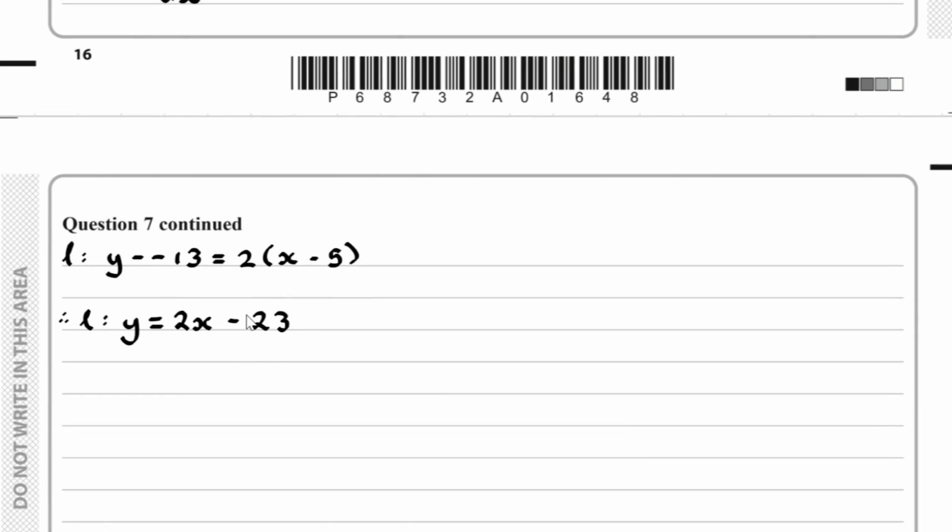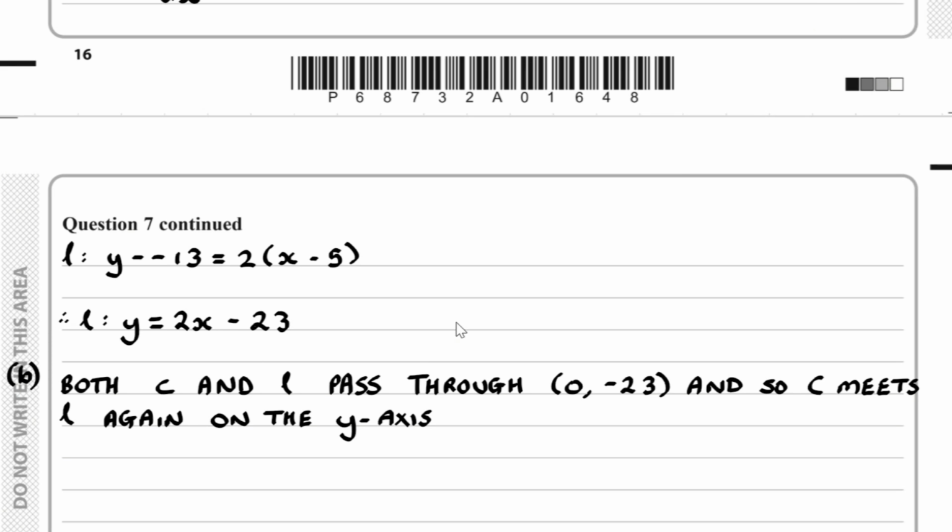When x is 0, y is minus 23. And so therefore, for part B, both C and L pass through (0, -23), and so C meets L again on the y-axis at this point here.